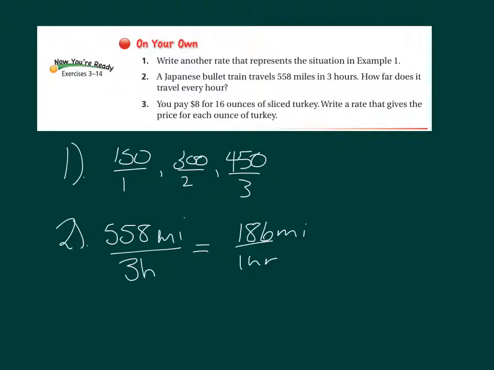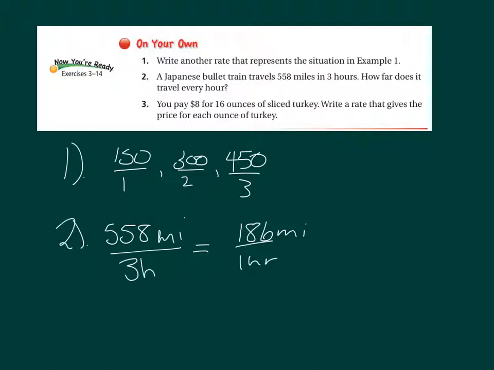Number 3 says you pay $8 for 16 ounces of turkey. Write a rate that gives the price for each ounce of turkey. If it asks you to write a rate, again, we want to find the price per ounce of turkey.